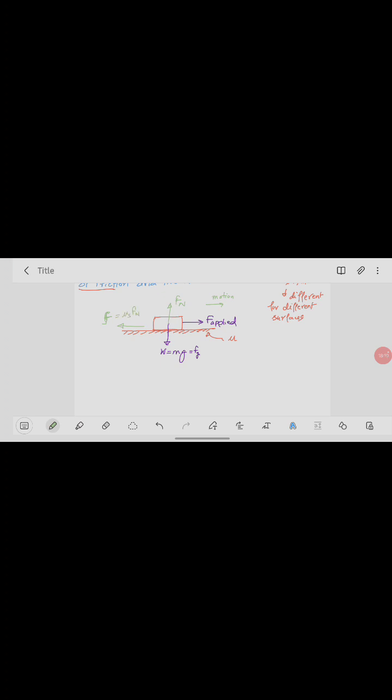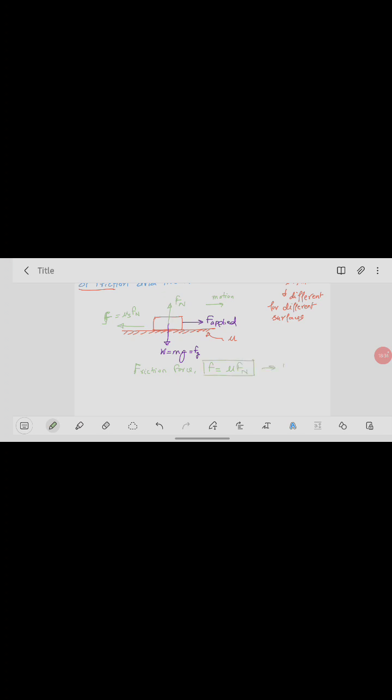So what is the formula of friction? Friction force F is equal to mu s Fn, where this s I put when there is a static friction, or simply write mu Fn.